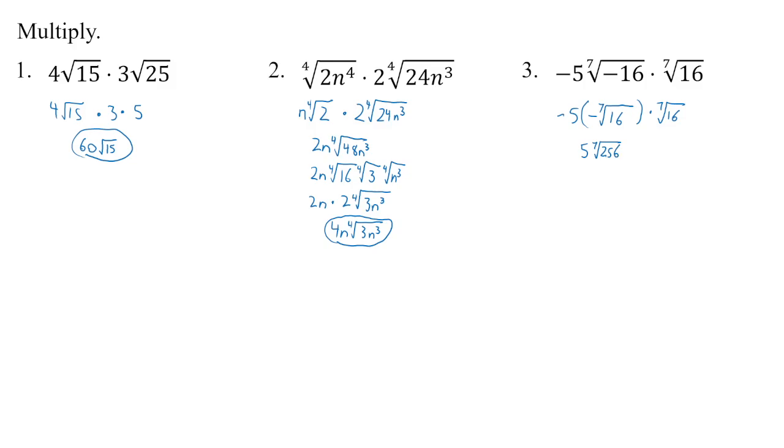Now, I believe we can simplify the 7th root of 256, and this can be broken down as the 7th root of 128 times the 7th root of 2.